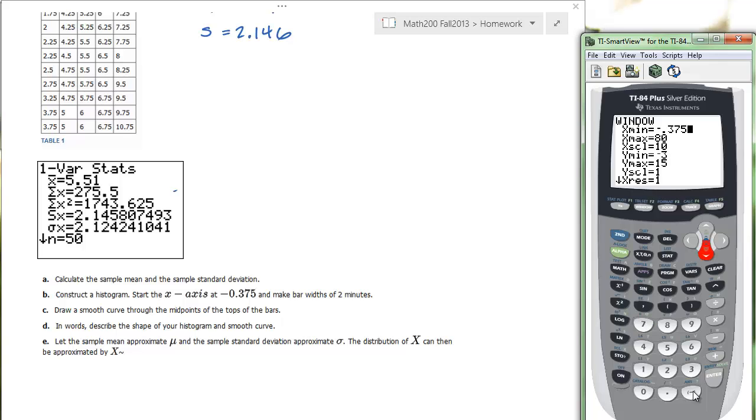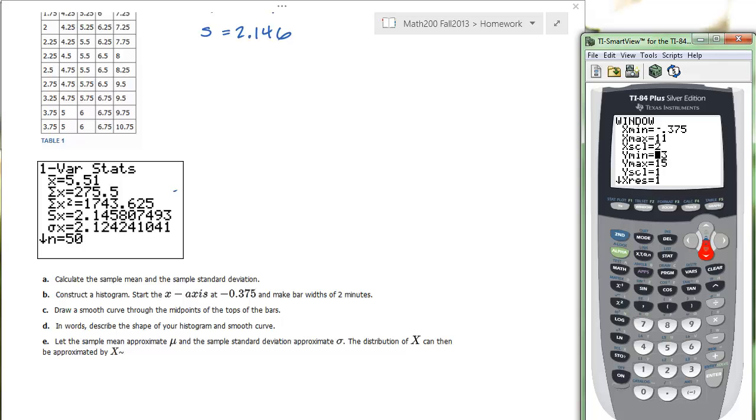Our x max goes all the way up to 10, so let's go a little bit past 10, like 11. And then our x scale, this is the important part. This has bar widths of 2 minutes, so we're going to put 2 here. That's our class width.